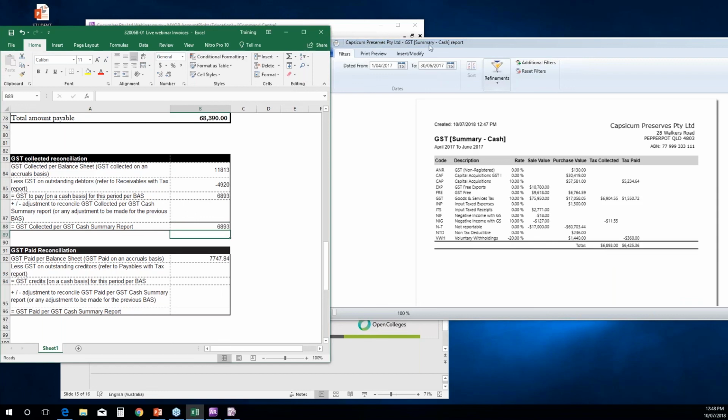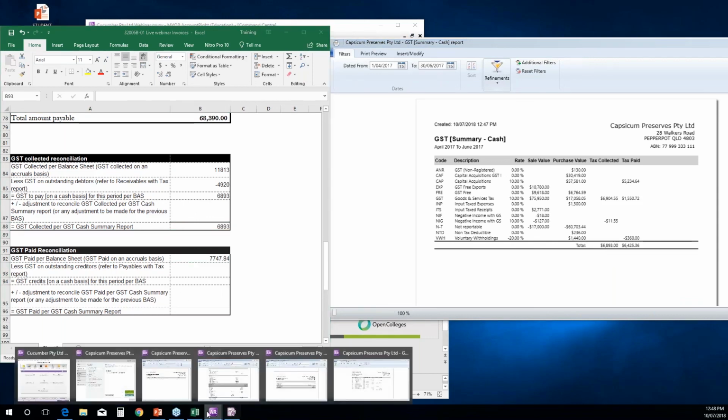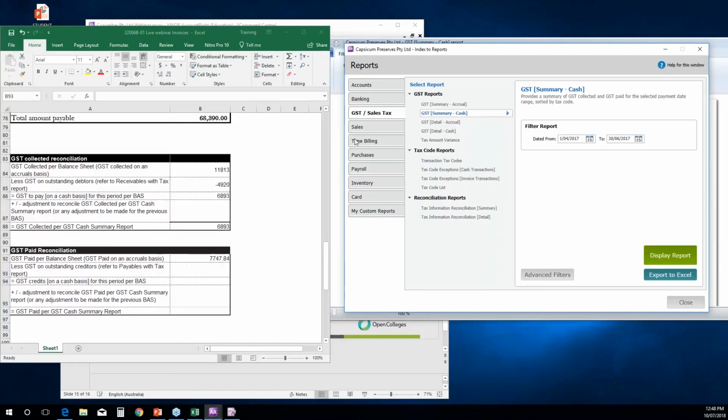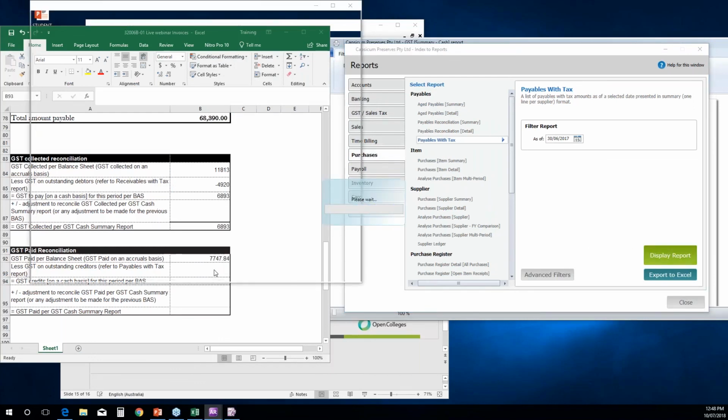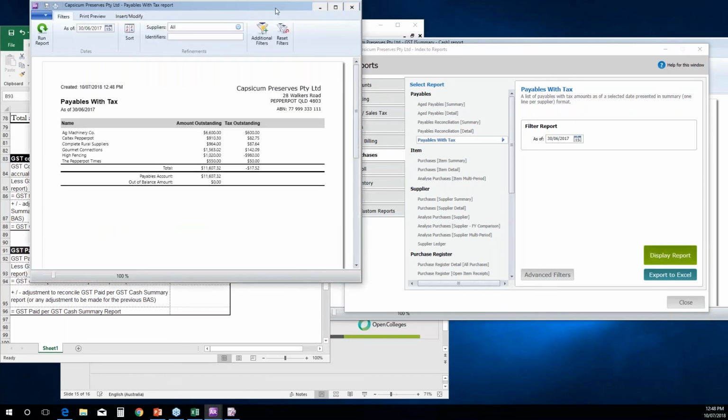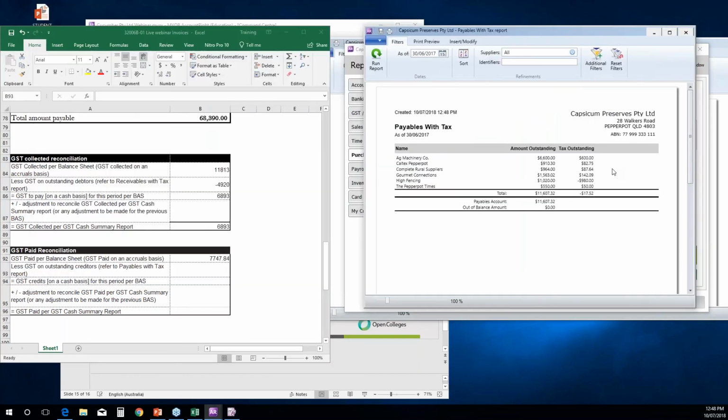For the GST paid, we will go to outstanding GST for the purchases, payables with tax. Here you go. It says minus 1,752.